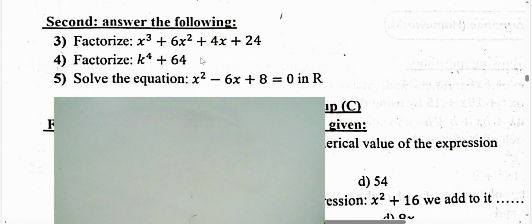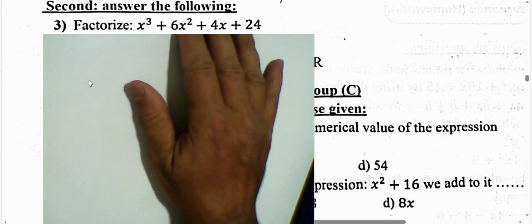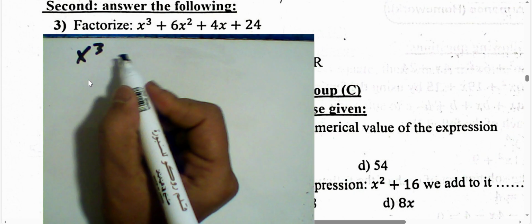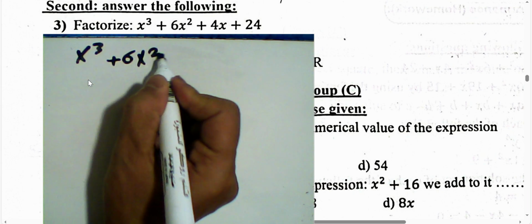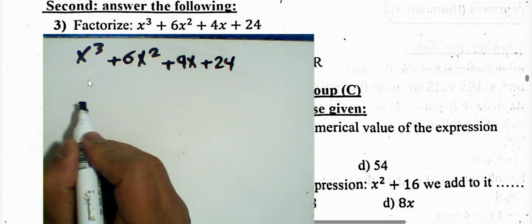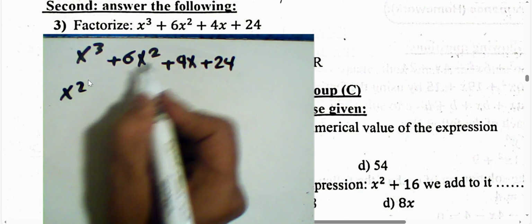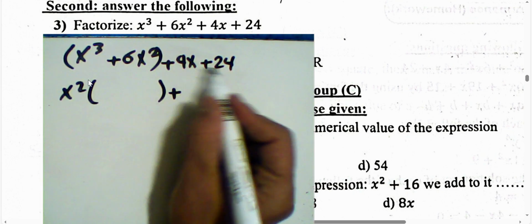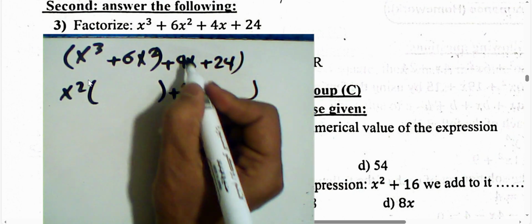Second question here, factorize the following. This is example number 3. We have x power 3 plus 6x power 2 plus 4x plus 24. We can write x power 2 as the highest common factor between 2 terms here, and write 4 as the highest common factor between 2 terms here.